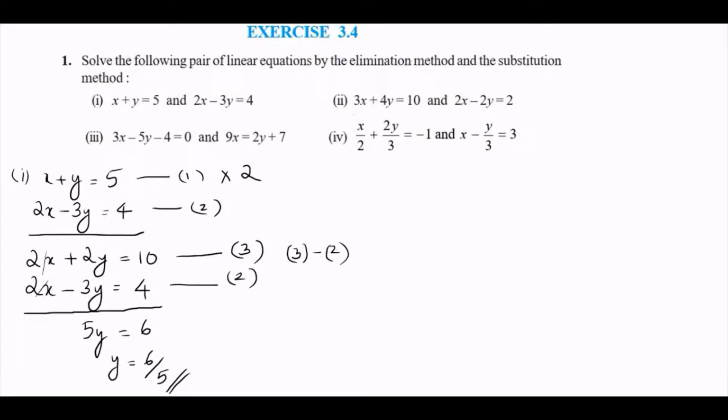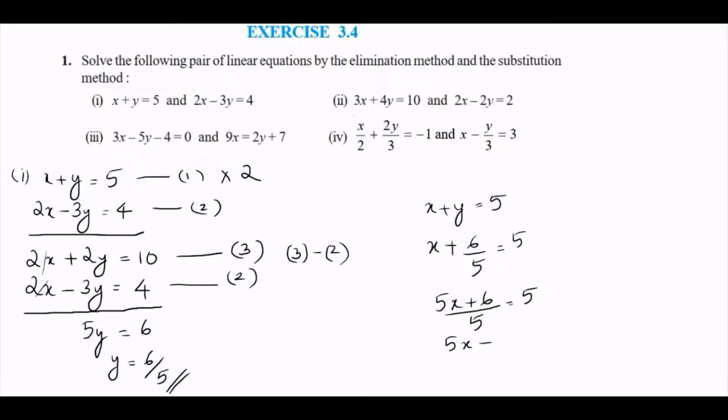Now we have to substitute this y value in any one of the original equations and get the x value. So let's take the first equation and substitute the y value and get the x value. So x plus y is equal to 5. So x plus 6 by 5 is equal to 5. Now here you have to do the LCM and write 5x plus 6 by 5 is equal to 5.